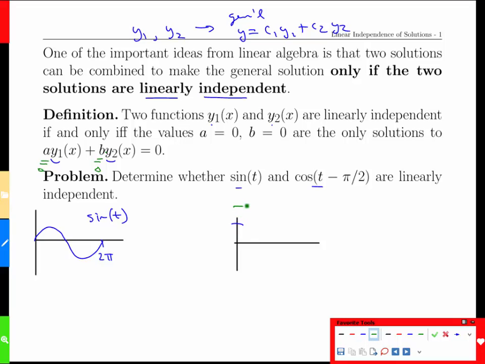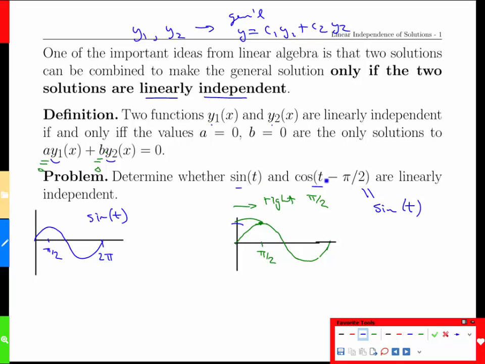But if we've shifted it to the right by pi over 2, which is what that minus pi over 2 will do for us, it'll mean the peak occurs here at pi over 2, which is coincidentally exactly where it would have occurred on the sine graph. So our sine graph and this new shifted cos graph are in fact the same thing. So in fact, this is actually equal to sine of t.